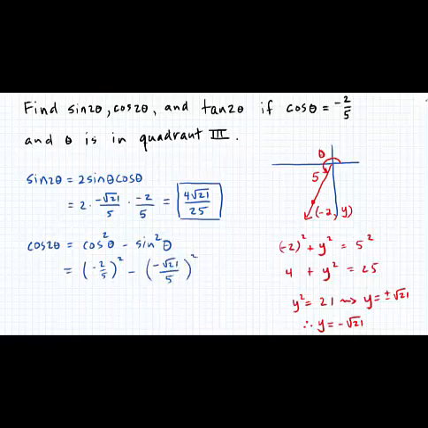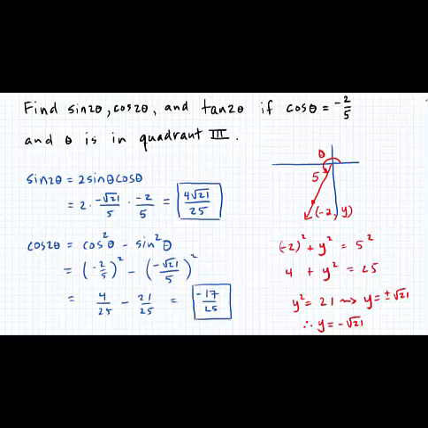We'll square that quantity. So we'll end up with 4/25 minus 21/25, and that will be negative 17/25. So that will be our cosine of 2 theta value.